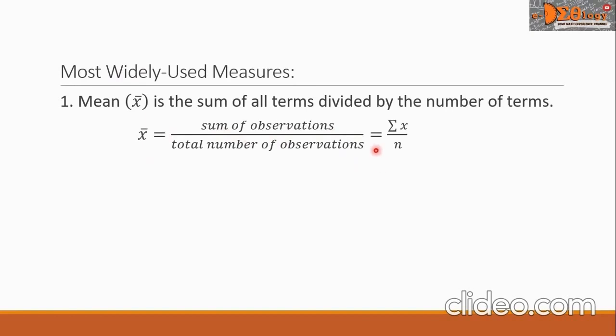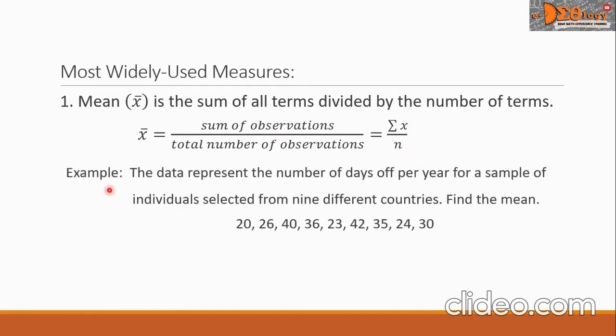In formula, we may write sigma x over n. The sigma is read as summation. So the formula here is read as summation of x over n.